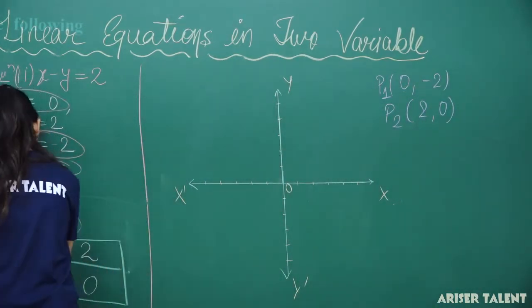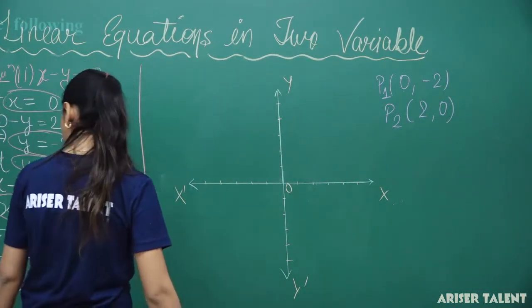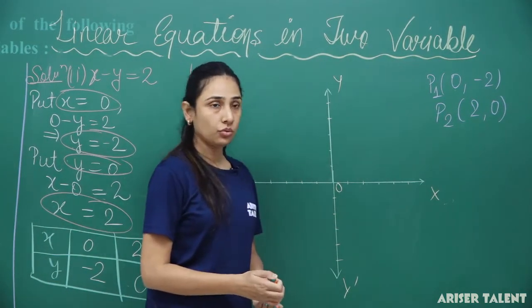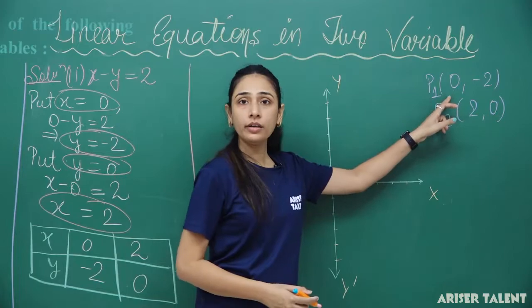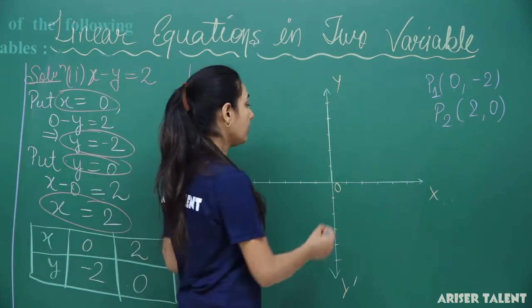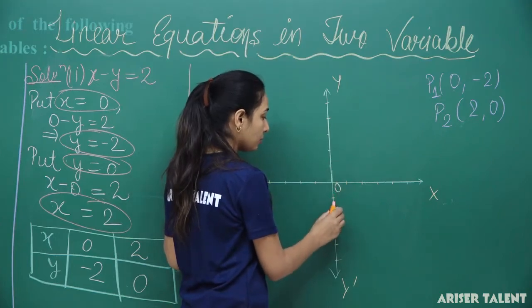Again the same thing, if I am writing that P1 equals to 0, minus 2. Now, 0 is what? x is 0. So, point will be on y axis. Okay. So, y axis minus 2.